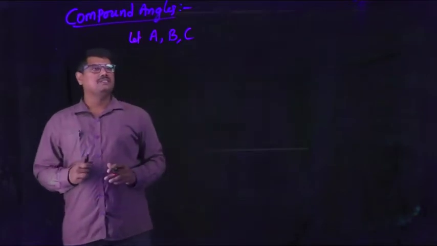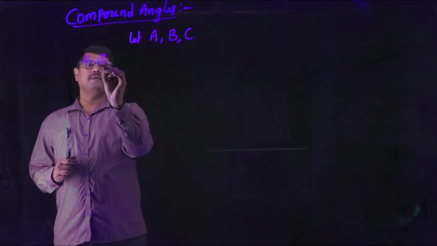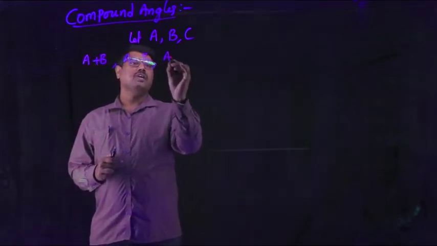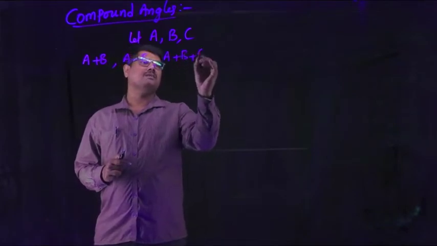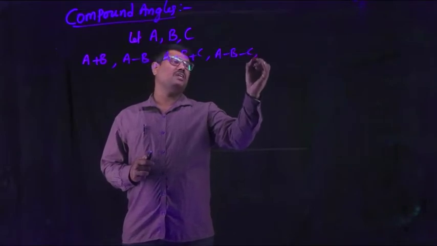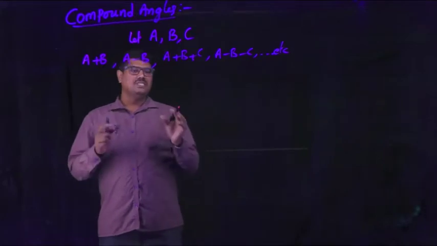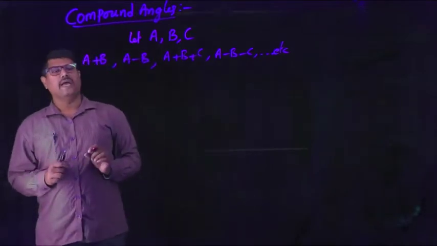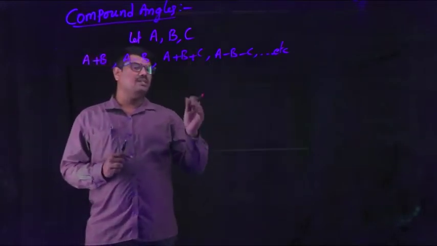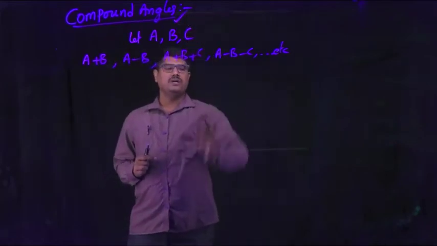For any angles A, B, C, if you consider A plus B, A minus B, A plus B plus C, or A minus B minus C, and so on, these are called compound angles. Compound angles are nothing but two or more angles connected by plus or minus.